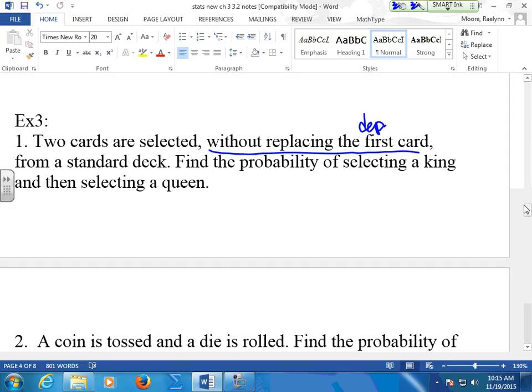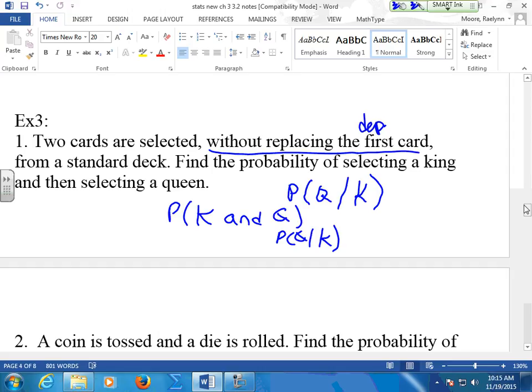Find the probability of selecting a king and then selecting a queen, given that you selected the king. Okay, so now I've got a dependent event. So what's the probability that I get a king and then a queen? My queen has this condition.